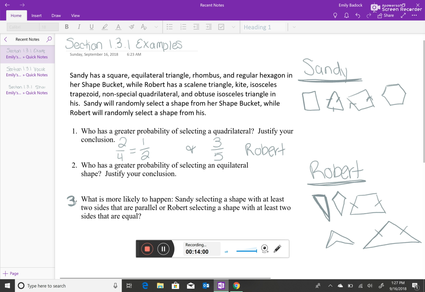Even if we would have drawn that non-special quadrilateral with equal sides, we can't assume that because it didn't tell us in the problem that it's equilateral. So the only equilateral shape on this page at all is Sandy's equilateral triangle. Okay, so Sandy has a 1 out of 4 versus Robert, who has a 0 out of 5. So Sandy will win that one.